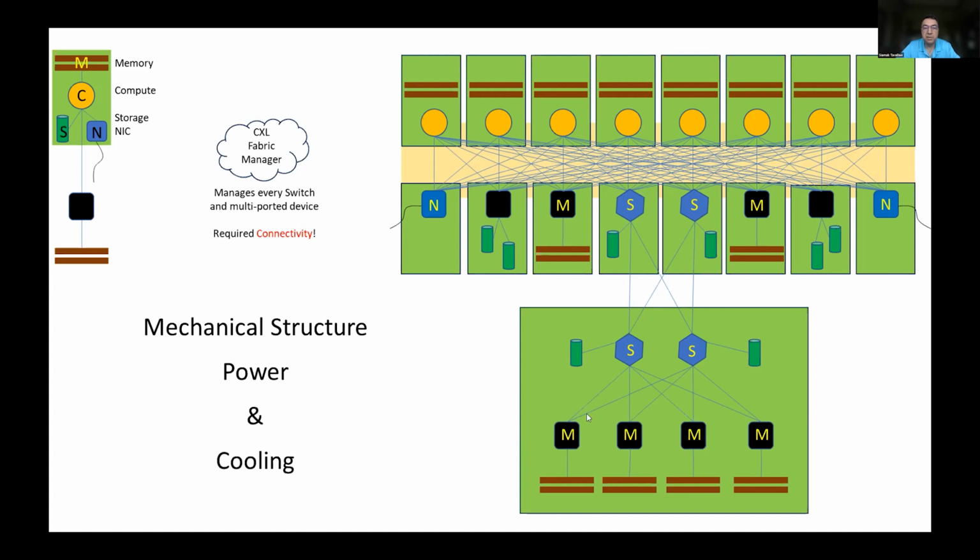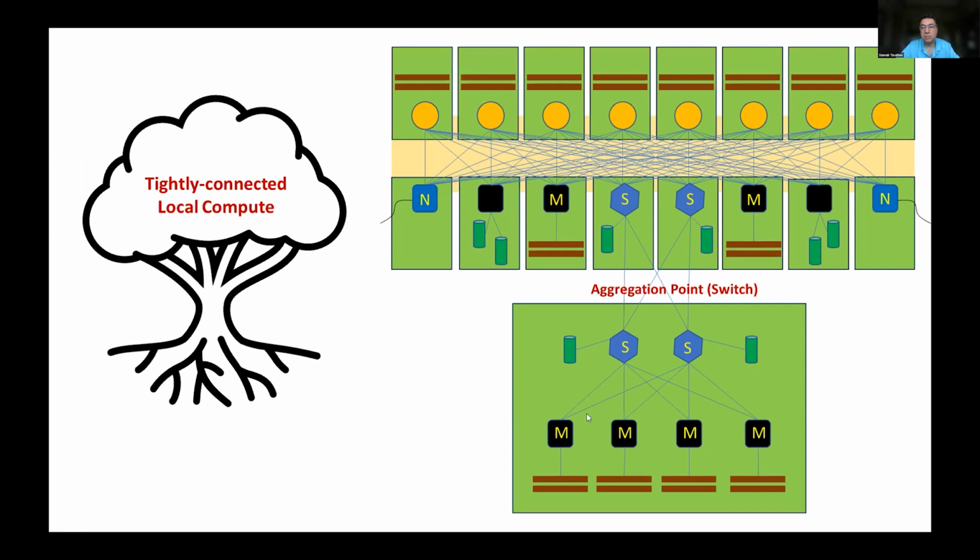And of course, for systems, we need power and cooling. OCP racks and OCP servers are good examples of what system designers are doing. So having all of that, you can imagine tightly connected local compute and memory, connected through expansion chassis and disaggregation for appliances.